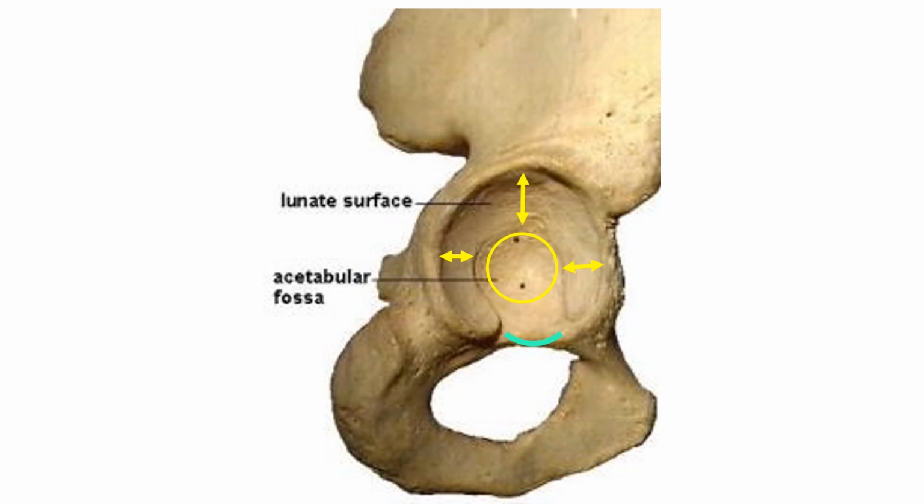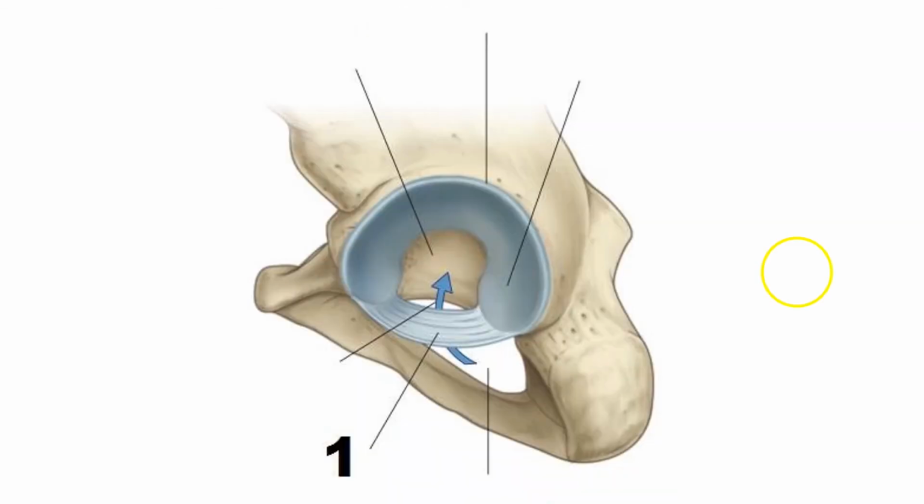This is called the non-articular surface of the acetabulum, or the acetabular fossa. This is another look on a drawing of the acetabulum, and we can easily demonstrate the C-shaped or lunate articular surface and the non-articular surface, plus the transverse acetabular ligament closing the notch inferiorly.